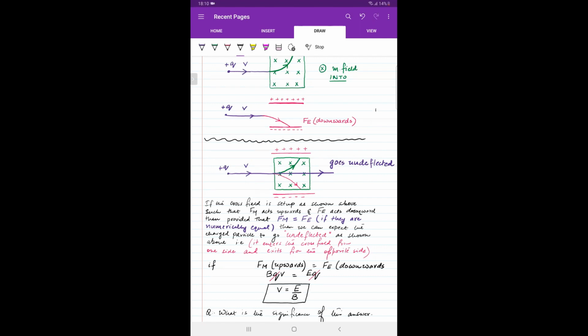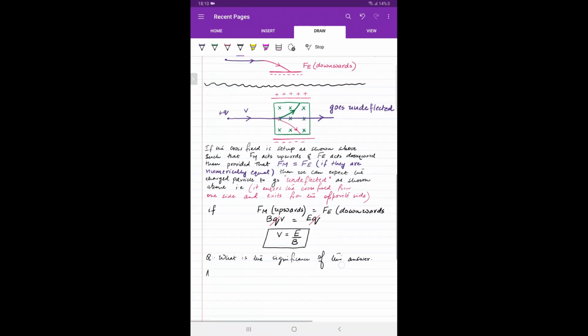So मैंने ये कहा है कि if the two forces, the magnetic force and the electrical force, are opposite in direction as they are, magnetic upwards था, electrical downwards था, and if they are equal in magnitude, only then a condition can arise where a charged particle keeps going straight undeflected, as you can see. अब इसकी significance क्या है जो मैंने answer work out किया है? You know this result V is equal to E upon B.